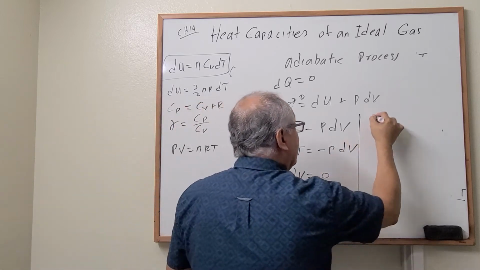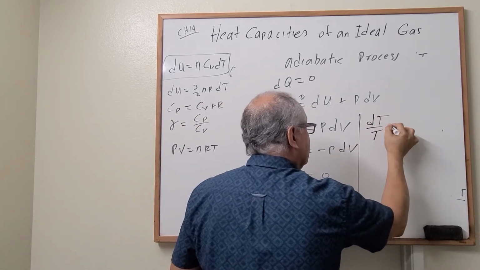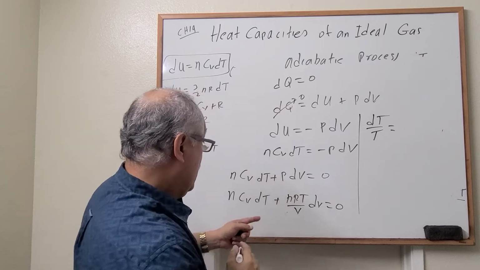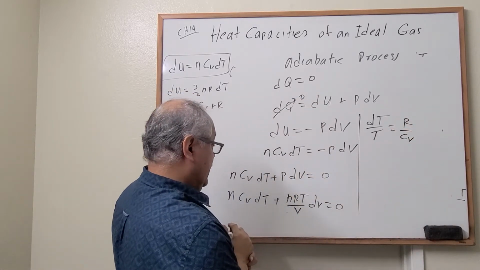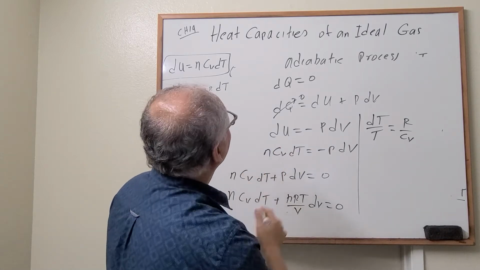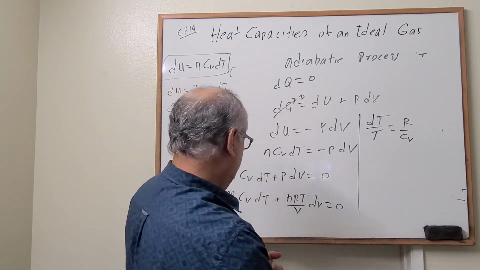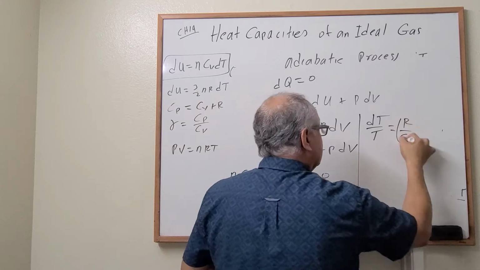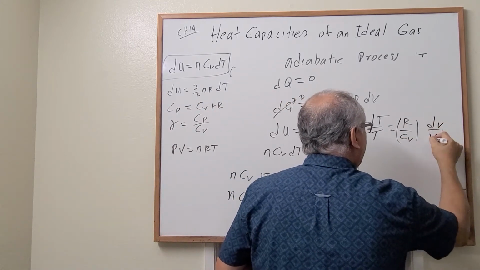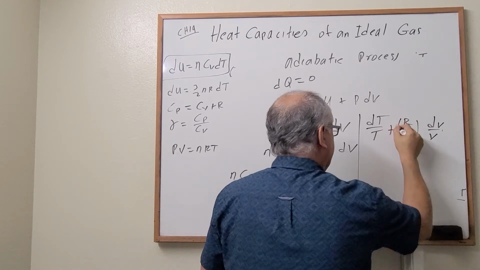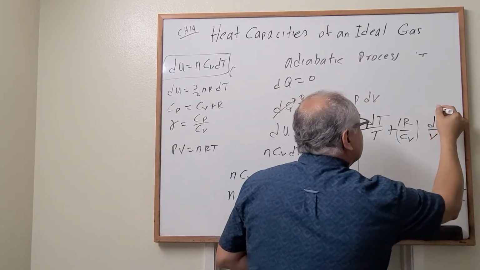We have dT over T equal to R over Cv, the molar heat capacity at constant volume, times dV over volume. Actually, it's plus right here, is equal to 0.